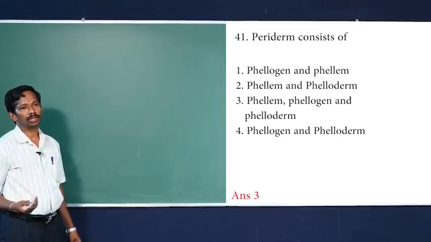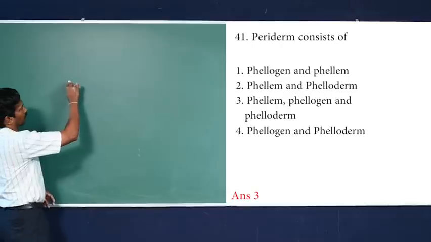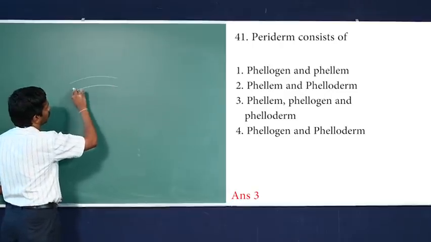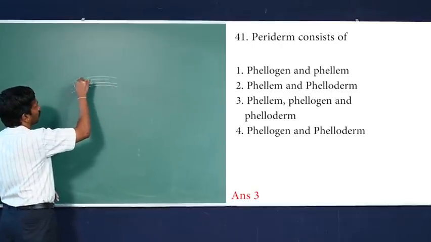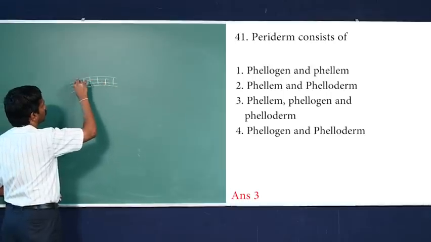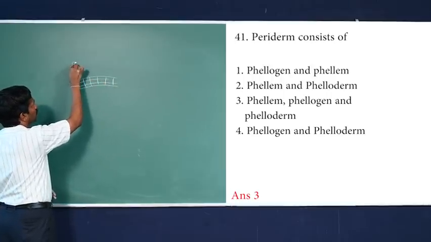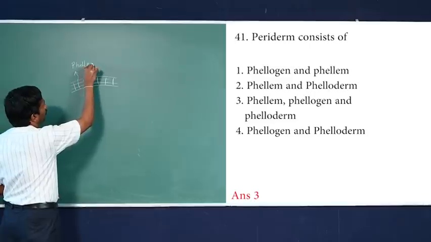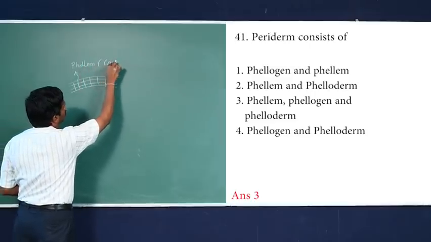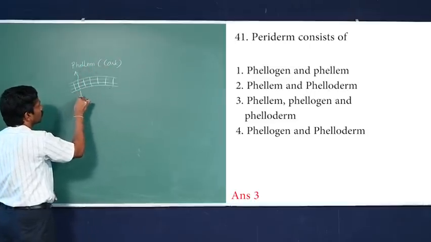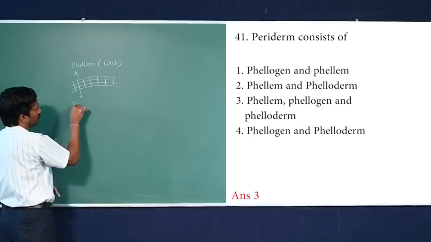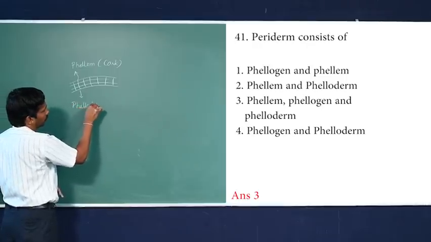Answer should be the third one as per secondary growth, because cork cambium after secondary growth, whenever it produces tissue towards outside, produces phellem. Phellem is also called cork tissue, and the tissue produced towards inside is called phelloderm.